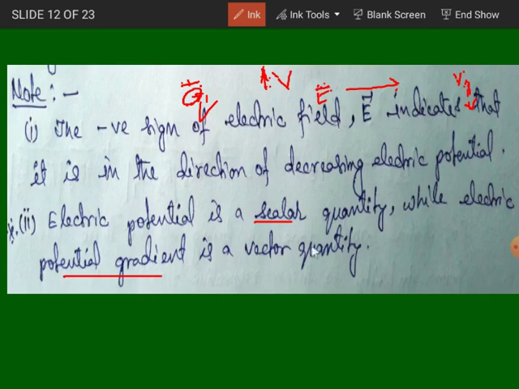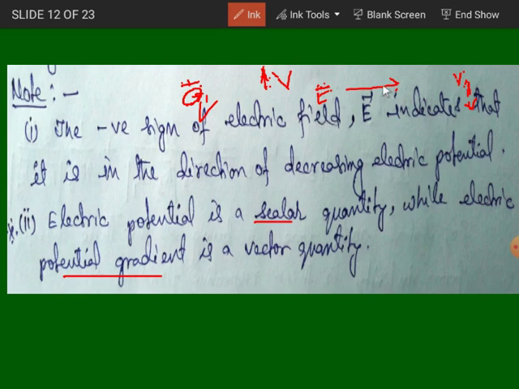Because of that only, E is equal to minus dV by dr. Electric field is also a vector quantity. Your potential gradient is also a vector quantity. So your negative sign represents that potential gradient and electric field are opposite. Your electric field is in the direction of decreasing potential gradient. Got it?